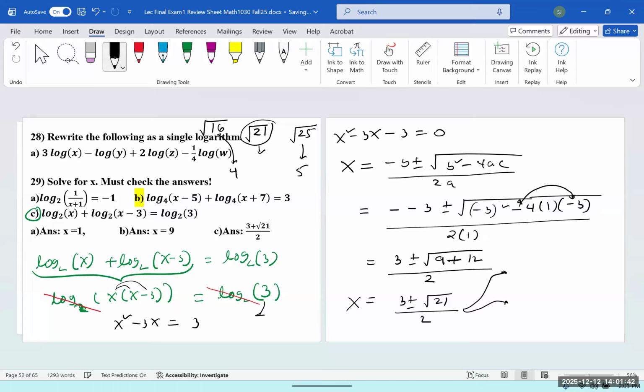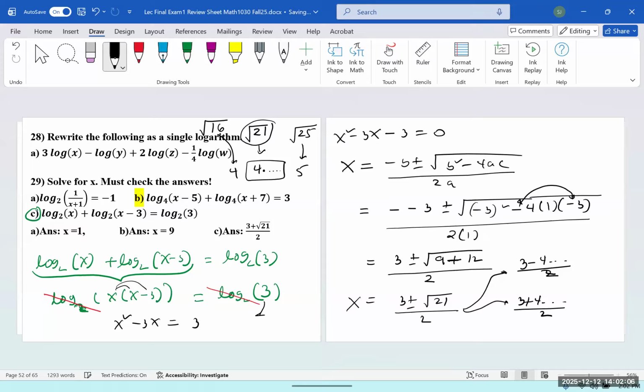So our square root of 21 is approximately what? 4 point something. 4 point anything, we don't know. We don't care. We want to know what's the whole number we have. So we have 3 minus 4 something divided by 2, and we have 3 plus 4 something divided by 2.